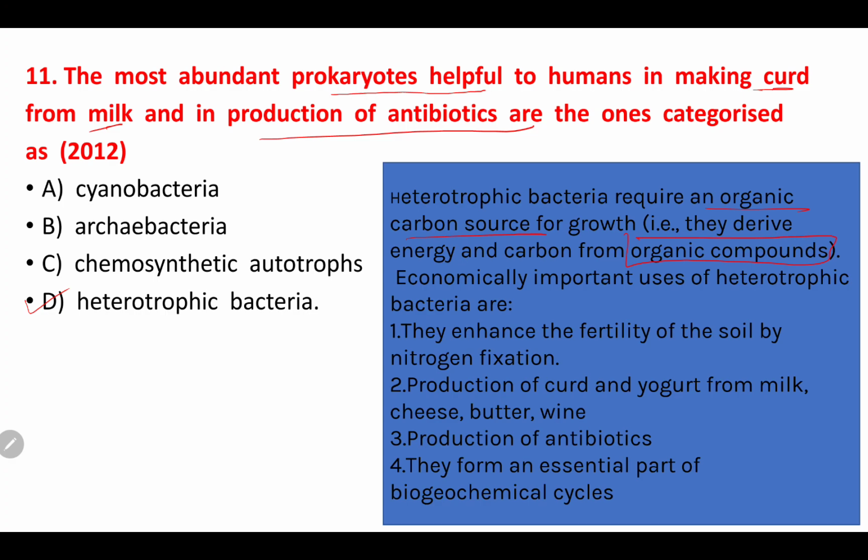There are some economically important uses of these heterotrophic bacteria. One is they enhance the fertility of the soil by fixing atmospheric nitrogen. Next is the production of curd and yogurt from milk. Cheese, butter, wine, all these things are also produced from these heterotrophic bacteria. And the production of antibiotics, and they also form an essential part of the biogeochemical cycle.